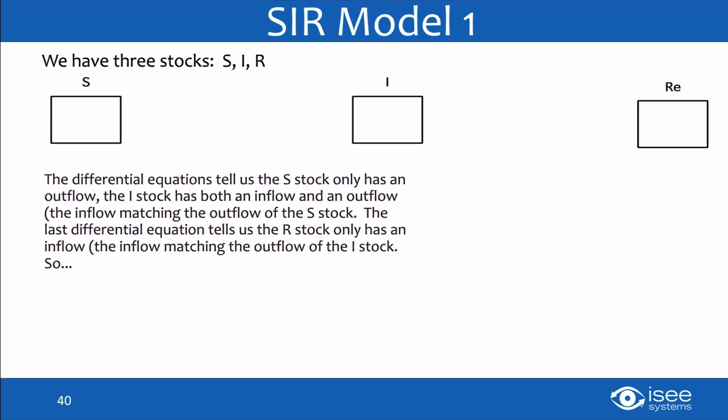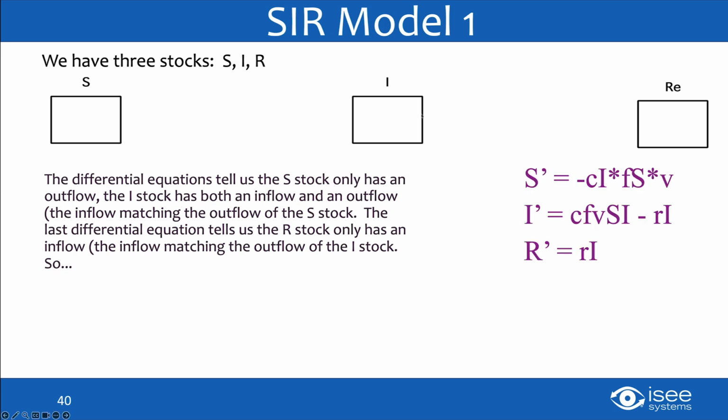The differential equations tell us that the S stock has only an outflow, the negative here. The I stock has an inflow and an outflow, and the R stock has only an inflow. So we add these flows.